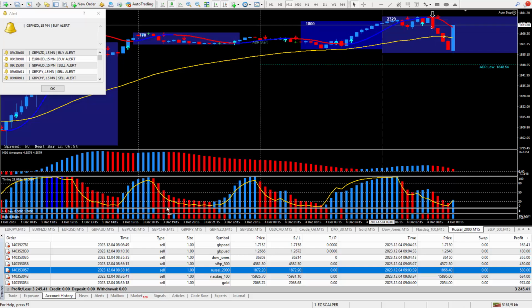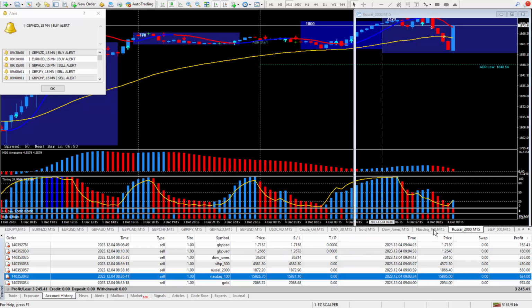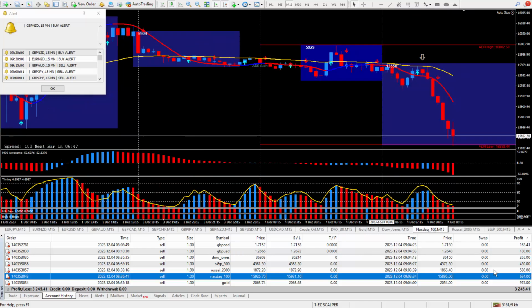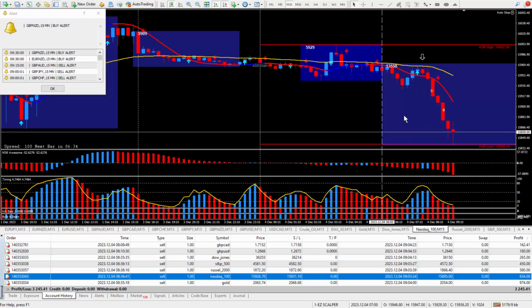Okay, moving on to the next trade, which is the NASDAQ. NASDAQ now pays $20 for each tick, so I took the money, divided by 20, and the calculator says it should be 32 approximately. Drag and drop this up, see where I got in at. Another one qualified for a great way to trade.